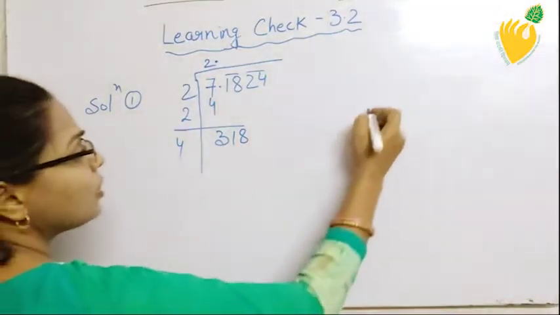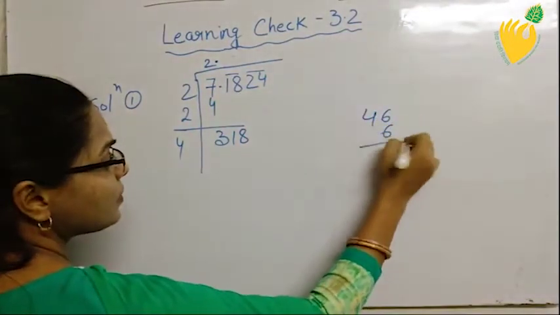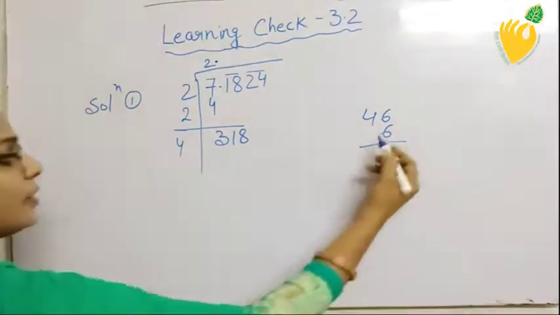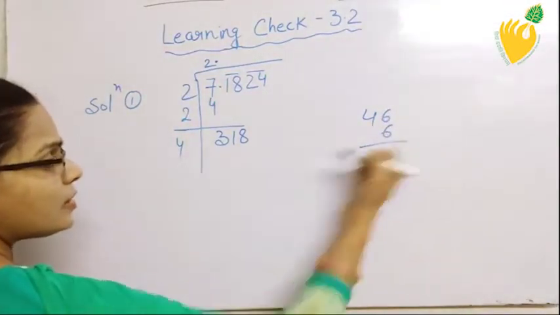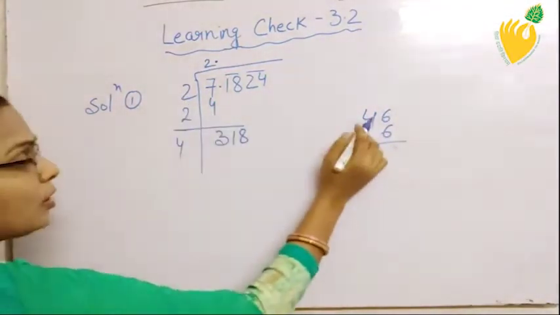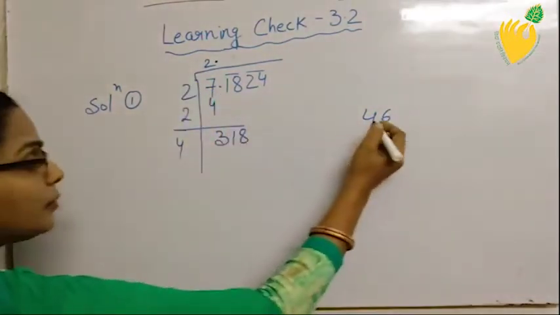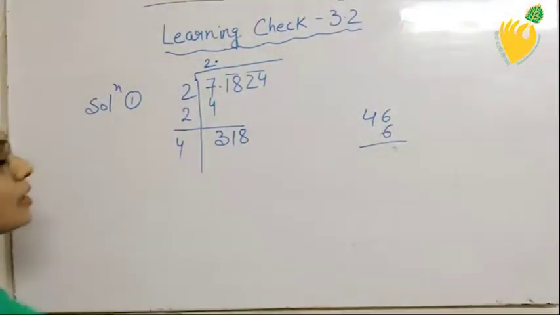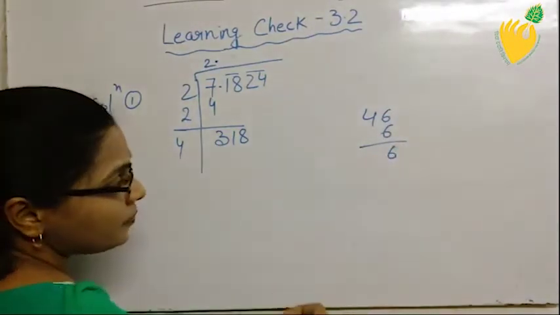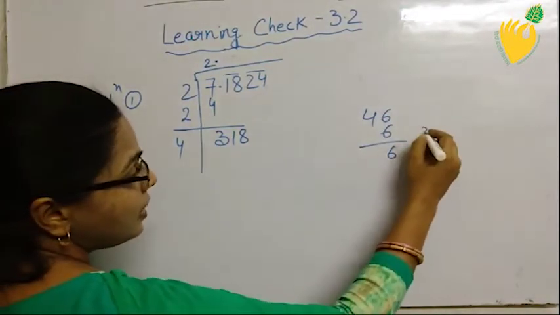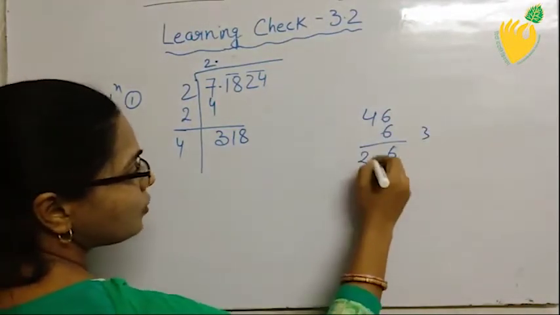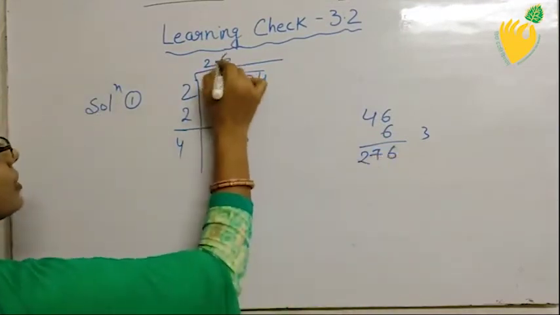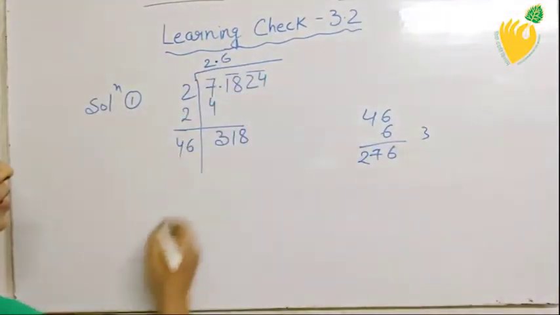Now how many times will it go? Suppose 6 times. You will again recall the table in terms of squares. 6 6 is 36, but not here. You will write the number at the tens place as it is. 6 6 is 36, 3 carry, 6 4 is 24 plus 3 is 27. So you will write 6 here and 6 here.